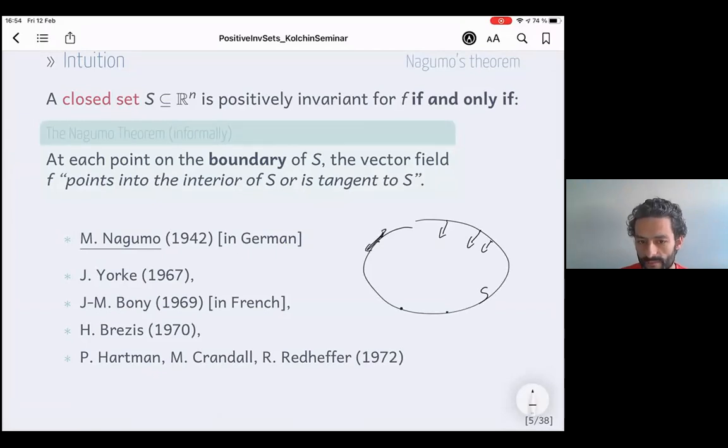Well, this is hand waving, giving the intuition behind Nagumo's theorem, and it makes sense, right? If on the boundary you're pushing inward or tangent, so you're staying on the surface, it's fine to characterize positively invariant sets that way.